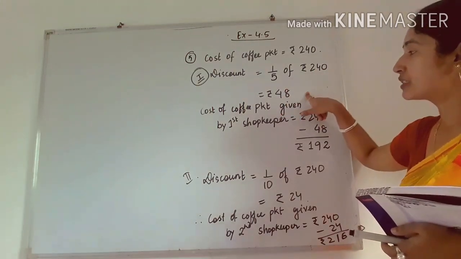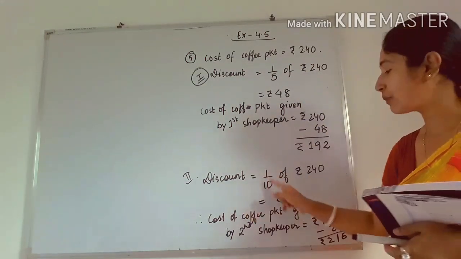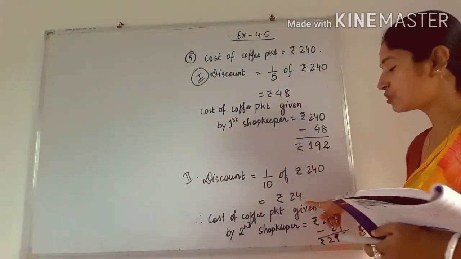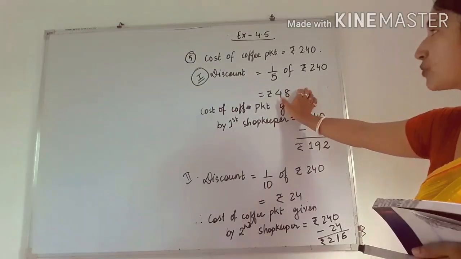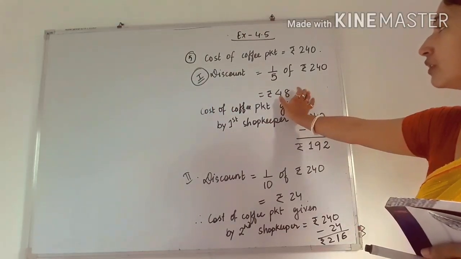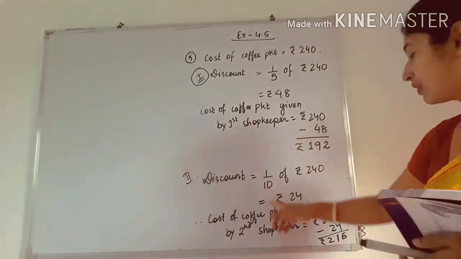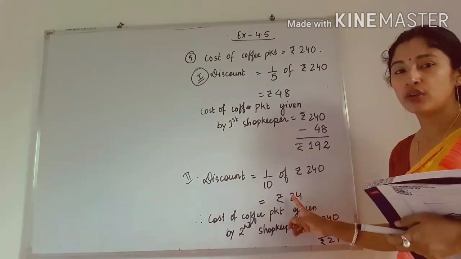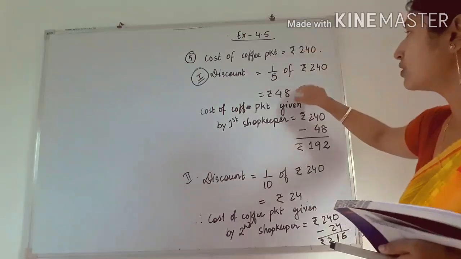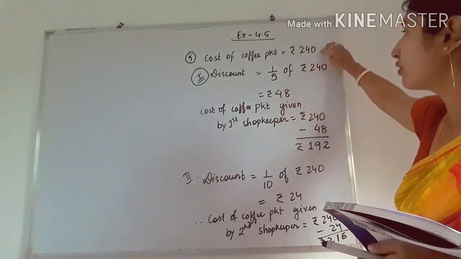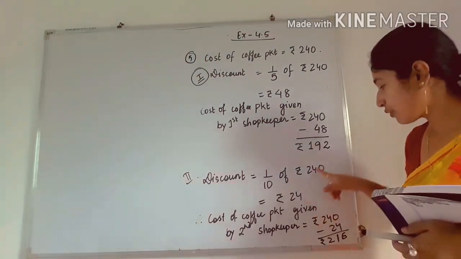That will be rupees 48. Similarly, the discount given by the second shopkeeper is 1 by 10, so we have to find 1 by 10 of rupees 240, that is 24. Now we have to subtract: first subtract 48 from 240, and second subtract 24 from 240.